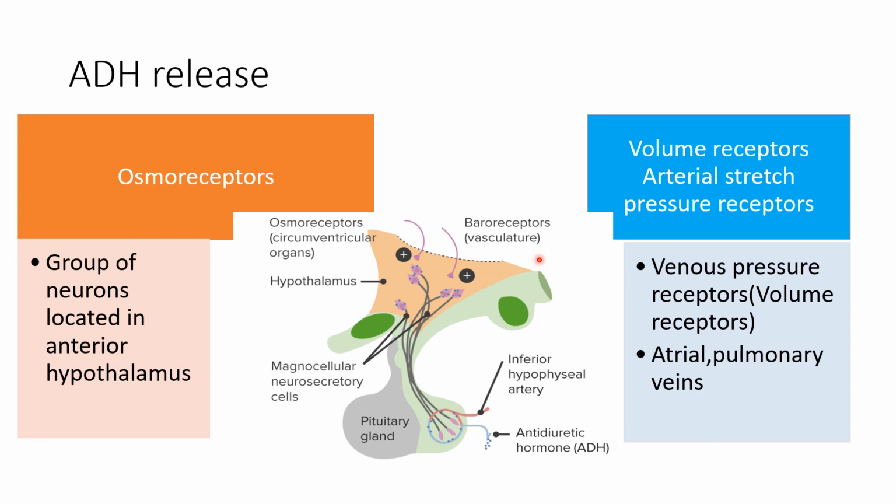Baro means pressure, and the receptors which sense the pressure present in the blood vessels are known by the name of baroreceptors. They may be present in the arterial blood vessels, for example the aortic and the carotid arch, or they may be present in the veins, or in the atria or the ventricle. So they are in fact known as volume receptors. Let's try to understand their mechanism.